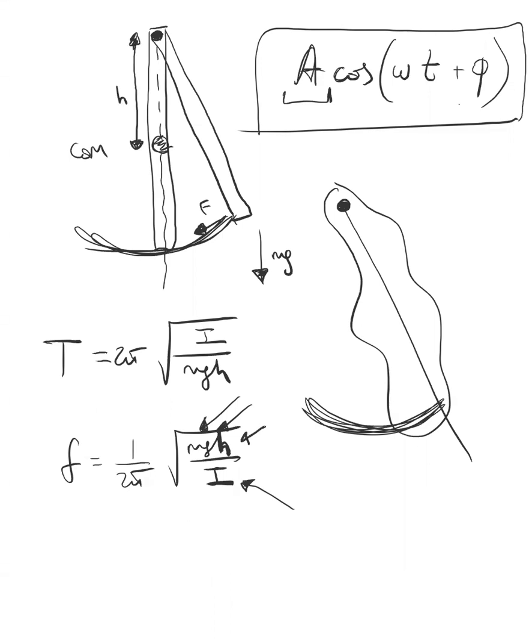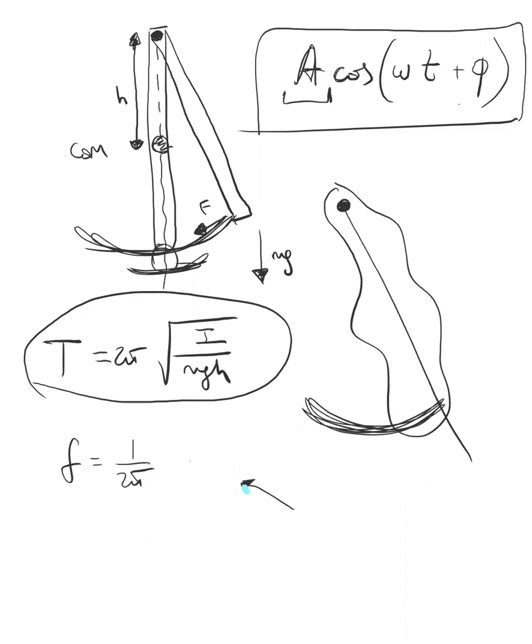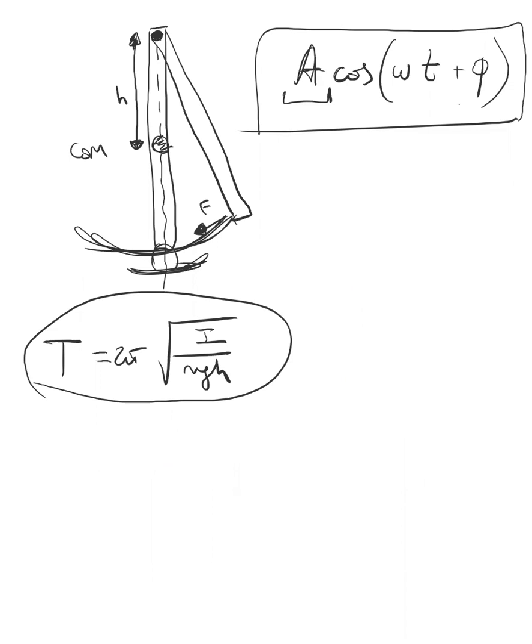And this basically tells you that if your center of mass is lower, then the frequency will be higher. So this is the formula. Let's circle it. And this formula actually also applies to a simple pendulum that we described one slide ago.